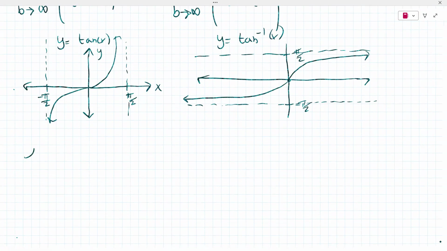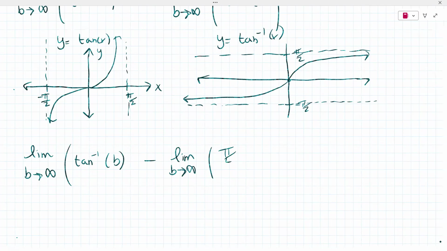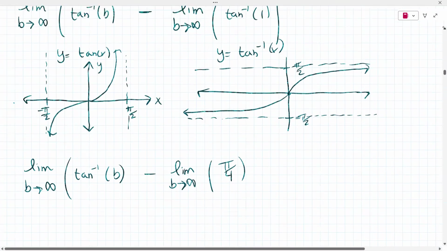So it's going to be the limit as b approaches infinity of tan inverse of b minus the limit as b approaches infinity of pi over 4. If you put tan inverse of 1, what is that?